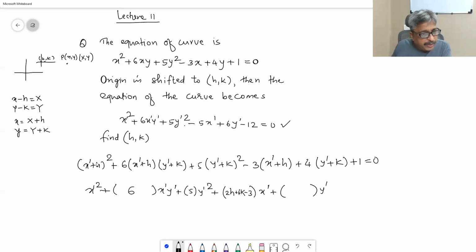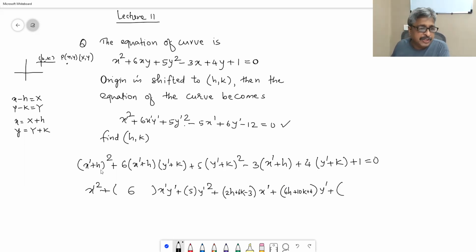What is the coefficient of y dash? Y dash is not generated here. Coefficient of y dash here is 6h y dash. So 6h. Coefficient of y dash here is 10k. Coefficient of y dash here is plus 4.